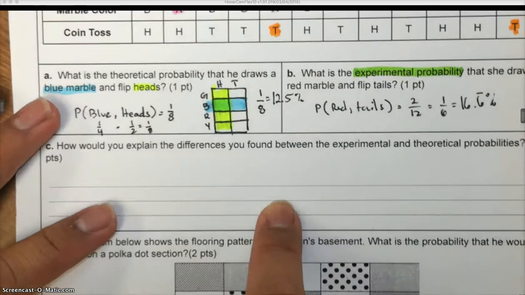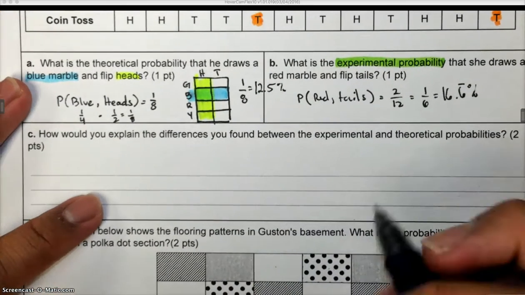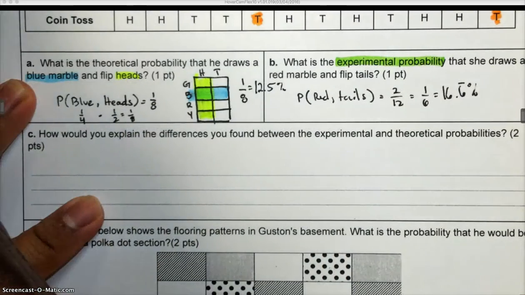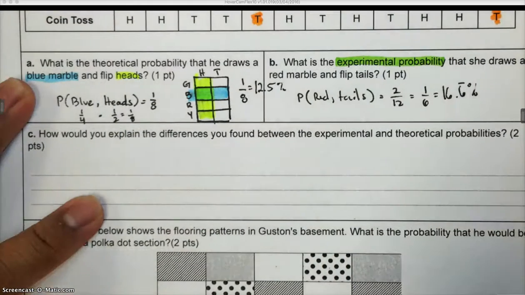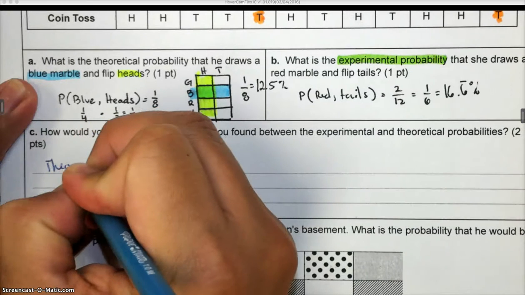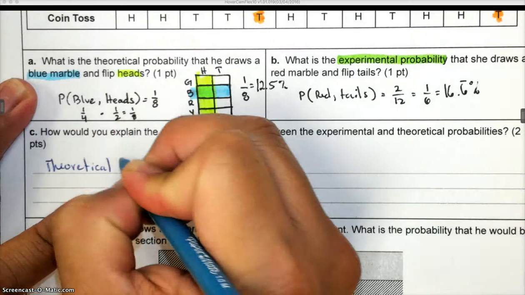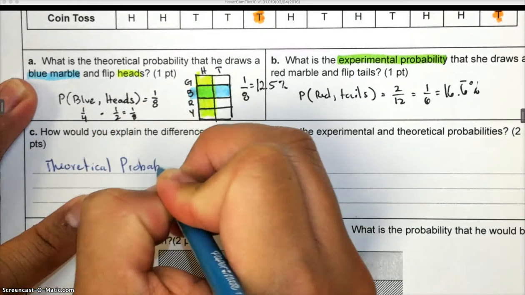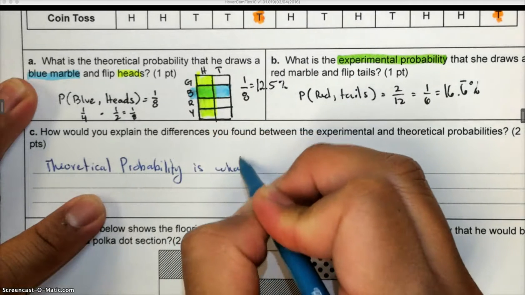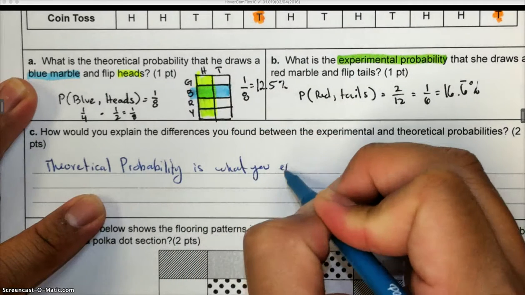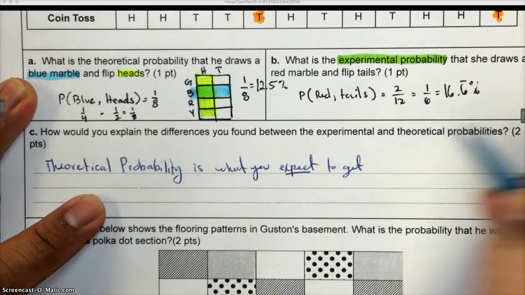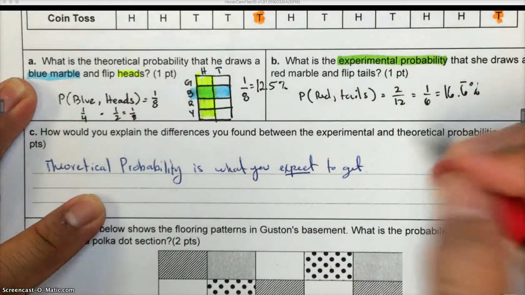It says, how would you explain the differences found between experimental and theoretical probabilities? This was the same question that was in your take home quiz. Theoretical probability is what you expect to get. Kind of like the title of this unit.